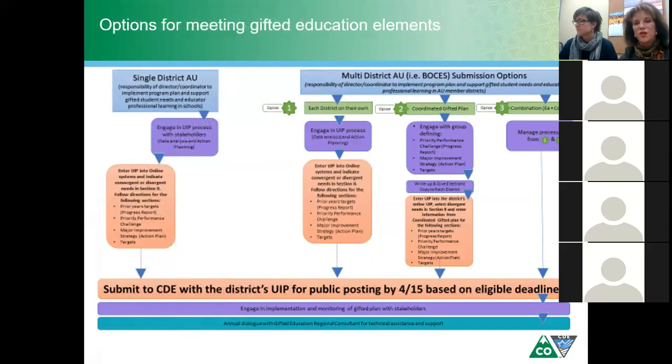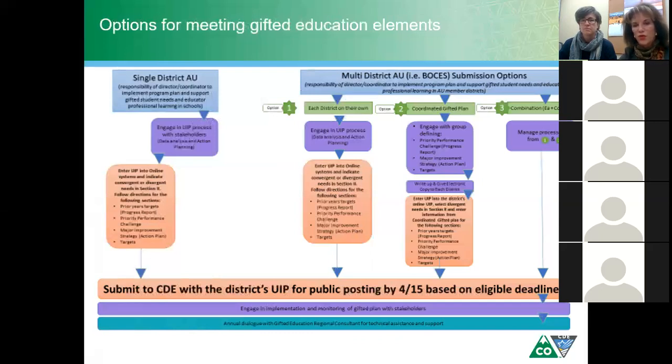They engage in the UIP process as they do every year. And so in a sense, it's like being a single district AU. The gifted education piece is in complete alignment with the process and product of the district.